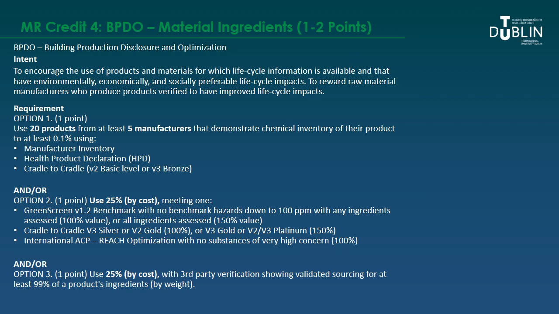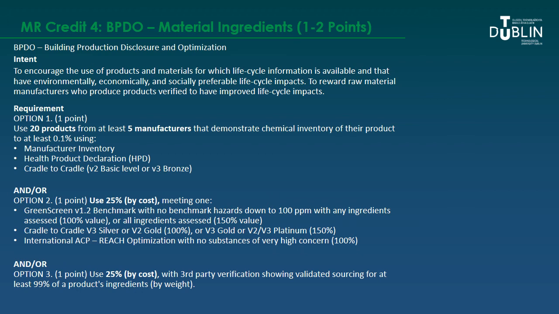So it goes down to that level of detail, is what that means. And then there are particular methodologies. So you either use an inventory from the manufacturer, or a product declaration of some kind, or a cradle-to-cradle certification at different levels there. And so you get 1 point for doing that.